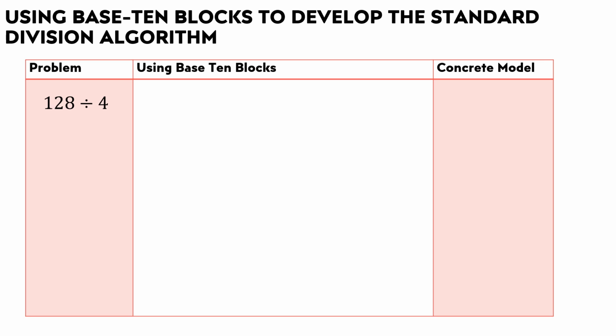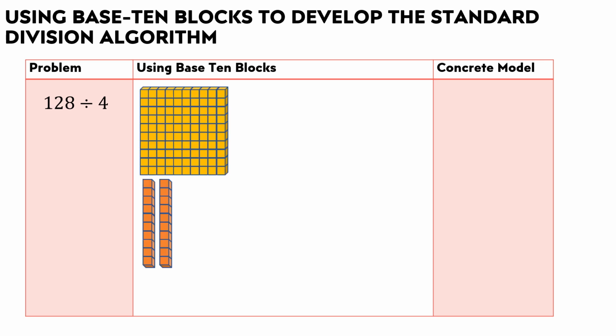I can represent my dividend 128 with a 100, 2 10s, and 8 1s. So that's 128 represented with base 10 blocks. And I'm being asked here to divide that dividend into 4 groups.